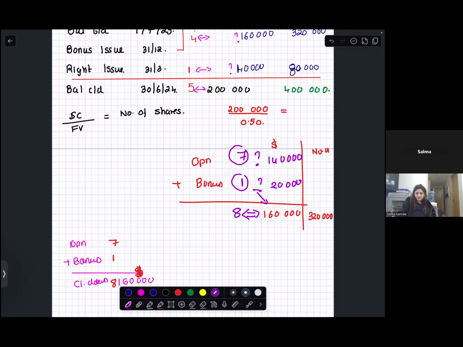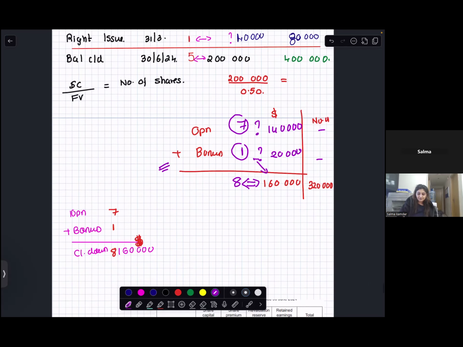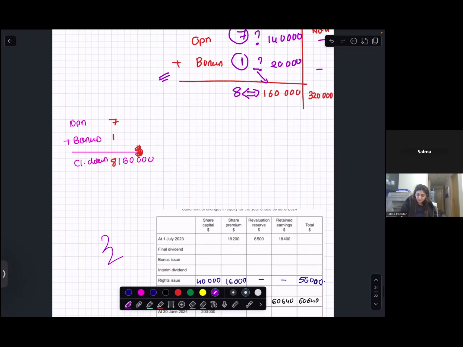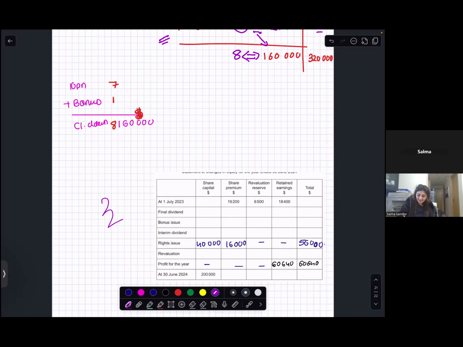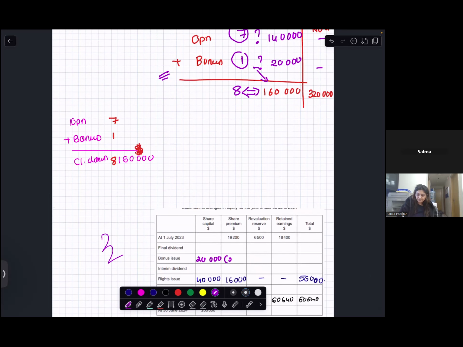I don't need the number of shares over here. For bonus, I can directly remove this amount from where? Bonus issue. It is how much? 20,000. I'm going to remove it from the share premium. And my opening balance is 140,000. I hope you're with me.